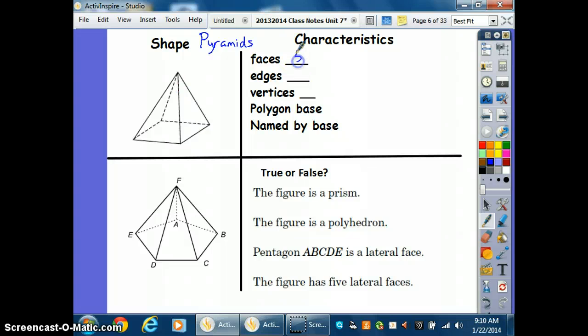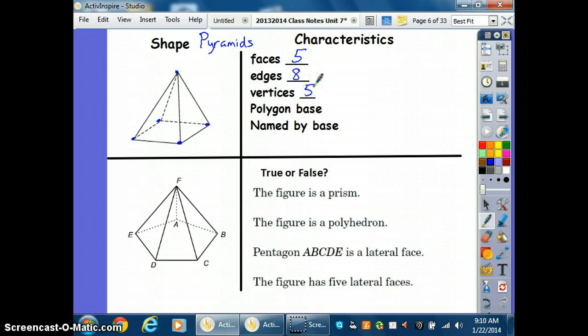How many faces are there? 5. We have 4 triangles and then 1 rectangle maybe on the base. How many edges are there? Well, again, I like to count the base. There's 4, and then 5, 6, 7, 8. Vertices. That's where the edges meet. 1, 2, 3, 4, and the apex, 5.